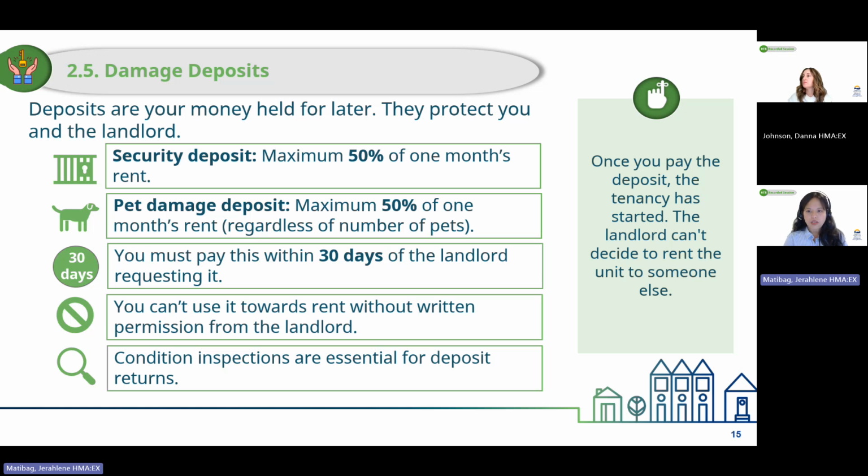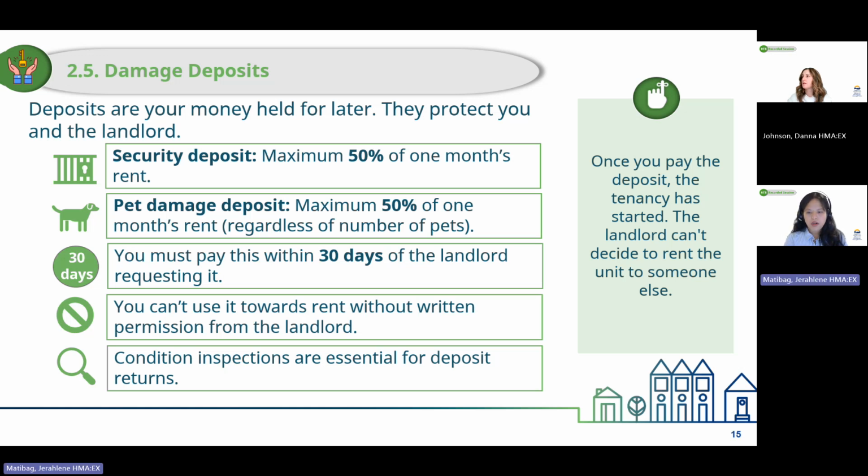For the security deposit, a landlord can only ask for up to 50% of one month's rent. And then for the pet damage deposit, if you have pets or if the unit allows for pets, the landlord can ask for a pet damage deposit. It is also capped at 50% of one month's rent, and that limit applies no matter how many pets you have.